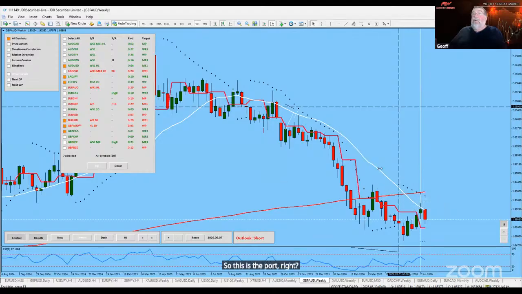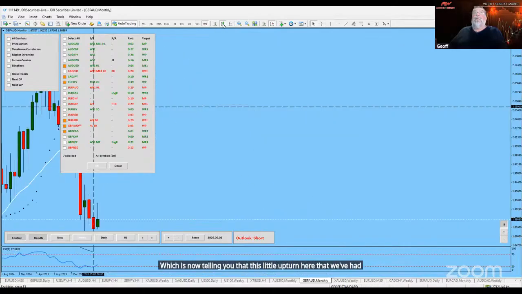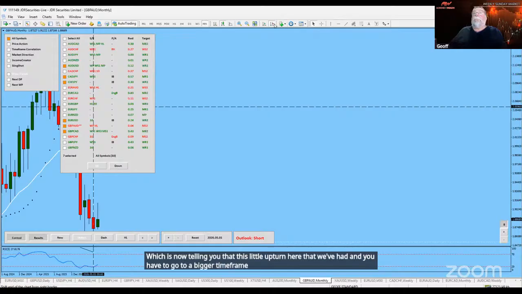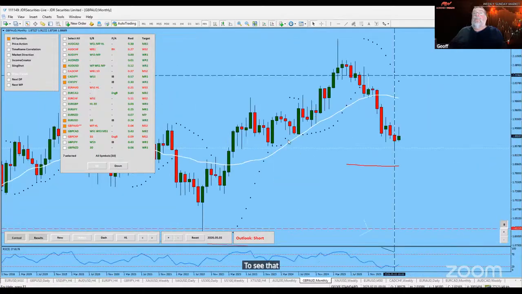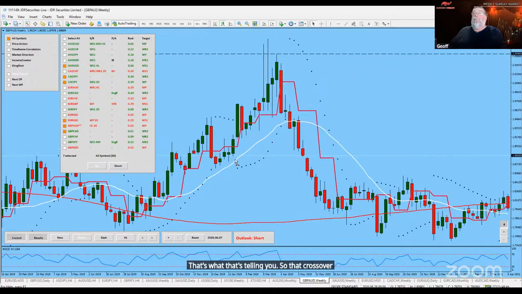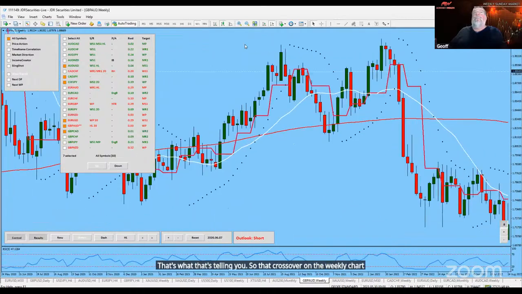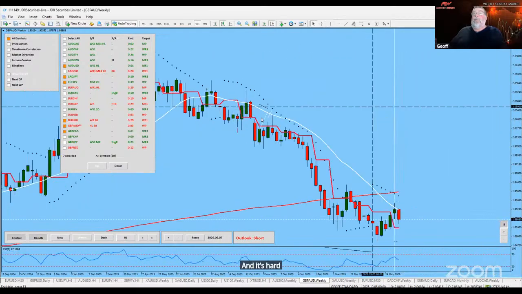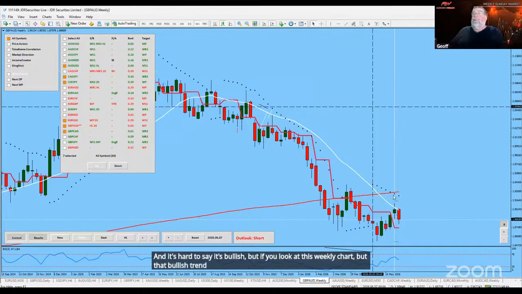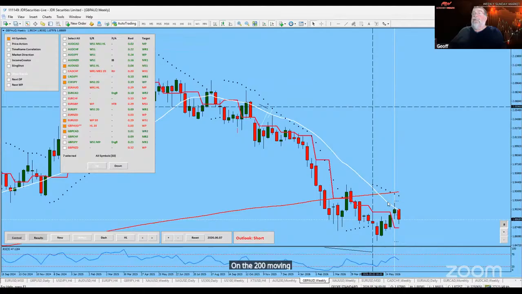Is broken by the short-term trend, which is now telling you that this little upturn here that we've had, and you have to go to a bigger time frame to see that, that uptrend is changing. That's what that's telling you. So that crossover on the weekly chart is saying that this, and it's hard to say it's bullish, but if you look at this weekly chart, that bullish trend on the 200 moving average is potentially going to change.